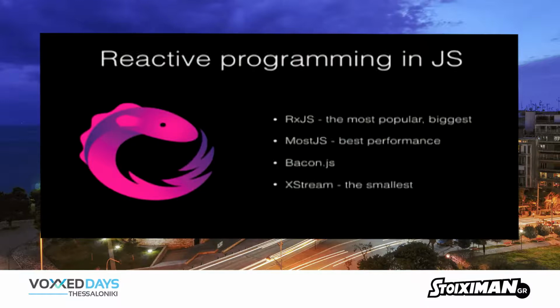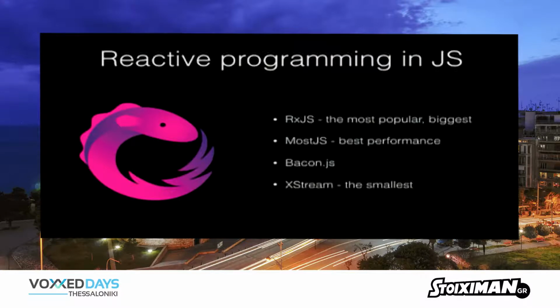Second one, Most.js. That's a really small library, and it has the best performance, so it's the fastest one. The third one is Bacon.js. So it's a bit slower than Most.js, and it's really mature, so it's been here for a couple of years. And the fourth one, and my favorite, is Xstream. That's the newest, I think, library.